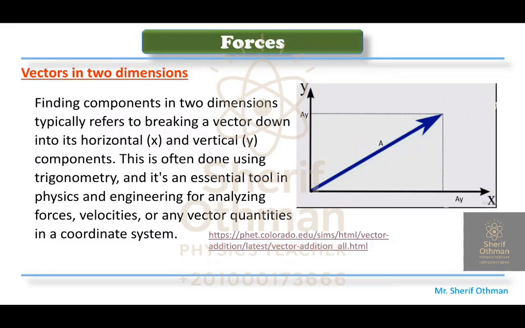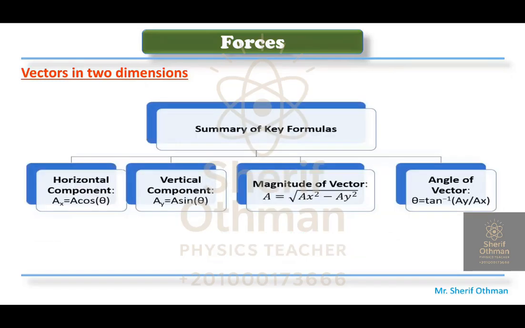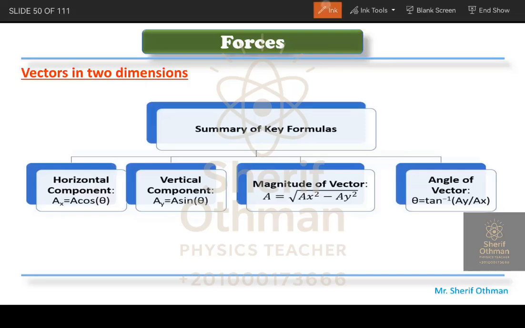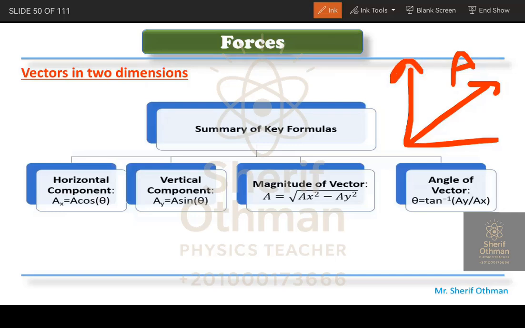decreases. So guys, if you would like to analyze the vectors and know the rules, as we said, there is a force called A. This force is a resultant force applied between two dimensions, dimension X and dimension Y. So if you would like to find the component of A in the X direction, Ax, with the angle theta between A and Ax, it will be equal to A cosine theta.